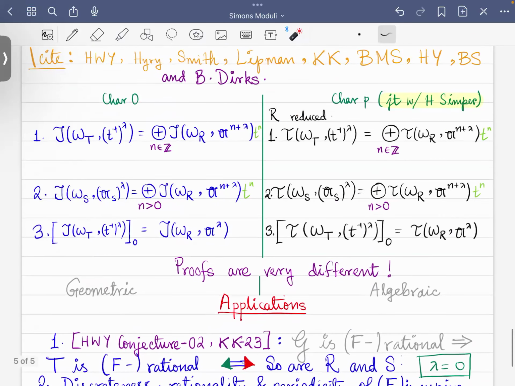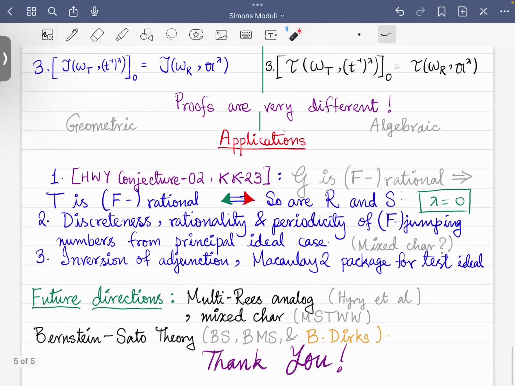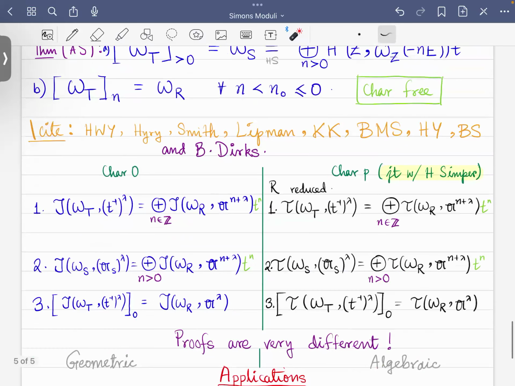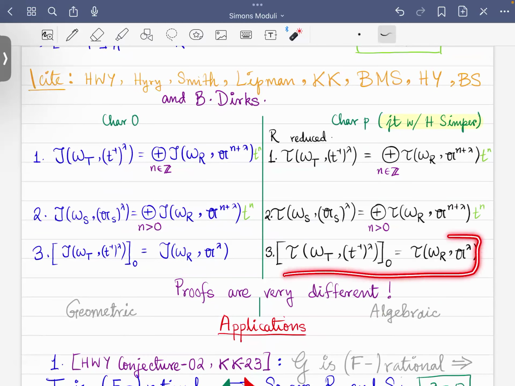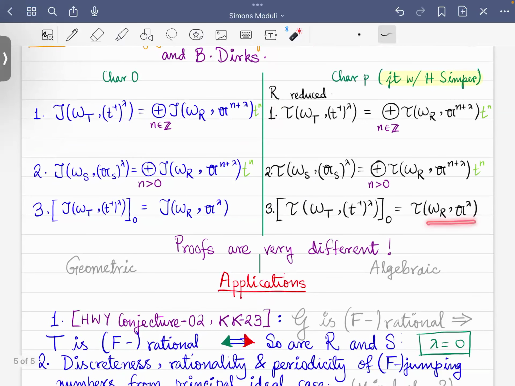What that means is that, assuming the principal ideal case, the point is that even if I start with a non-principal ideal downstairs, I can honestly principalize it, and then the degree 0 piece computes it, which means wherever this thing jumps, the entire thing must jump, and I know that these things have discrete and rational jumping numbers. And that gives us a quick proof of discreteness and rationality of F-jumping numbers.